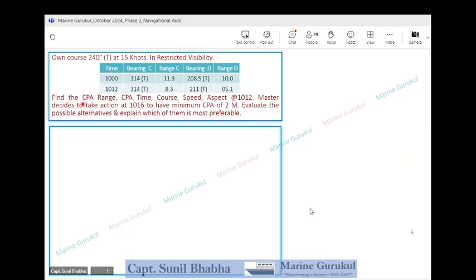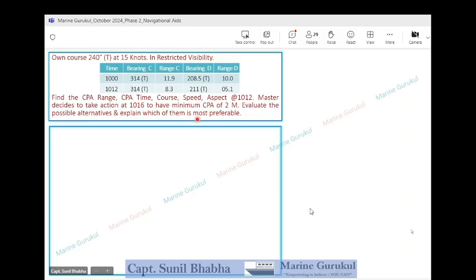We have to find the CPA range, CPA time, course, speed, and aspect of these targets at 10:12. Master decides to take action at 10:16 to have a minimum CPA of 2 nautical miles. Evaluate the possible alternatives available to the master and explain which of them is most preferable.